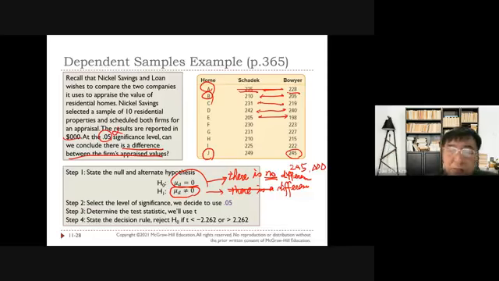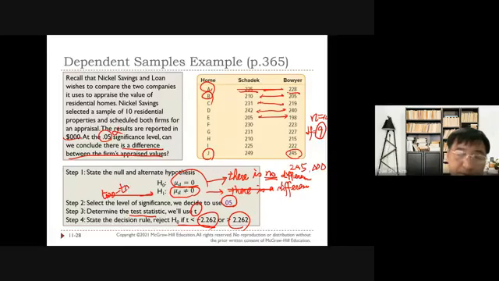So now alpha is 0.05. We will calculate t, and t star is like this. The sample size is 10, so the degree of freedom n minus 1 is 9. Equal to 0 is a two-tailed question.